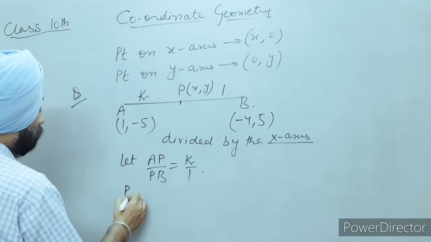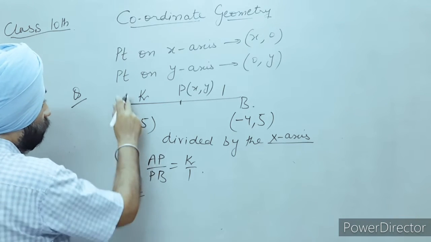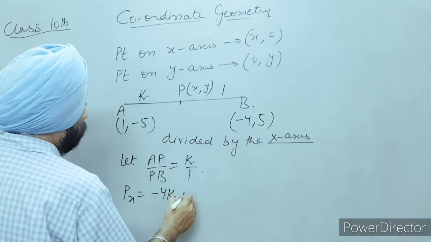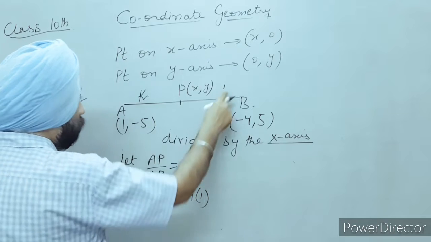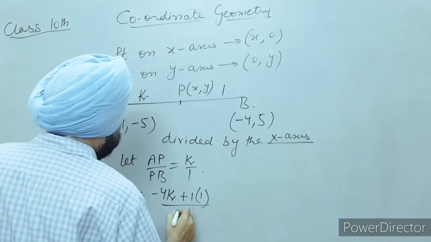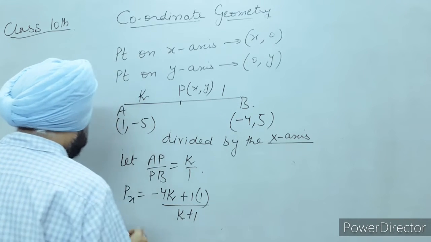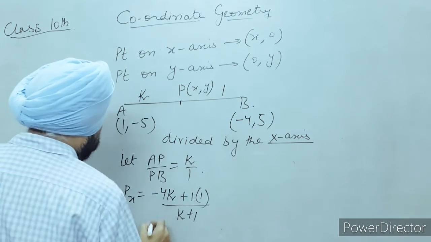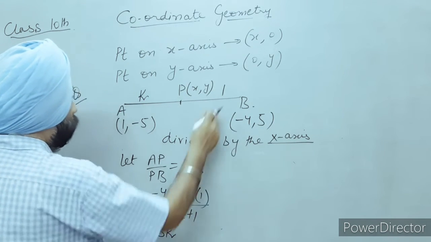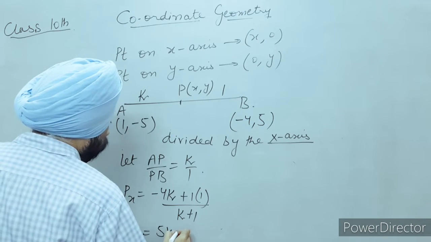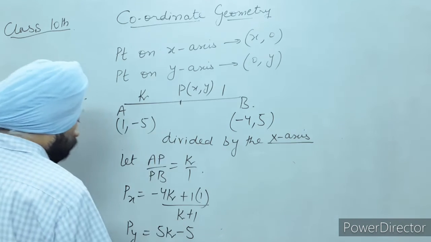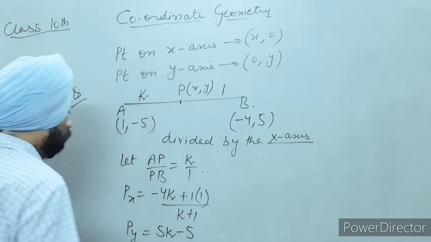P of x is k into minus 4 plus 1 into 1 divided by k plus 1. Now P of y equals k into 5 plus 1 into minus 5 divided by k plus 1.